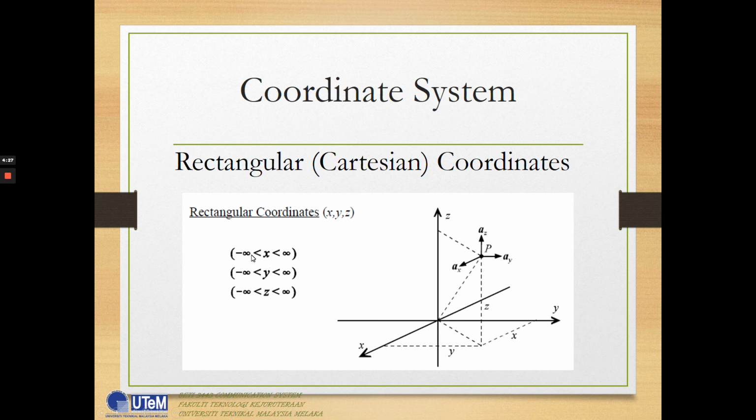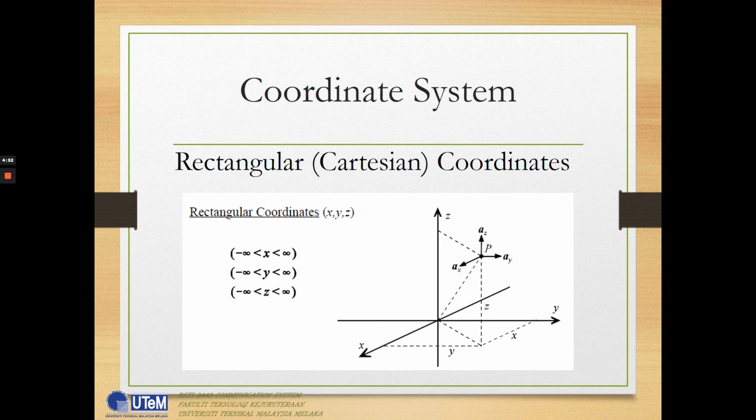So any value in the minus domain or in the positive domain, means minus infinity to plus infinity. It can be any value. Similarly, y and z also have the same criteria. x, y, z can have any value between minus infinity to plus infinity.